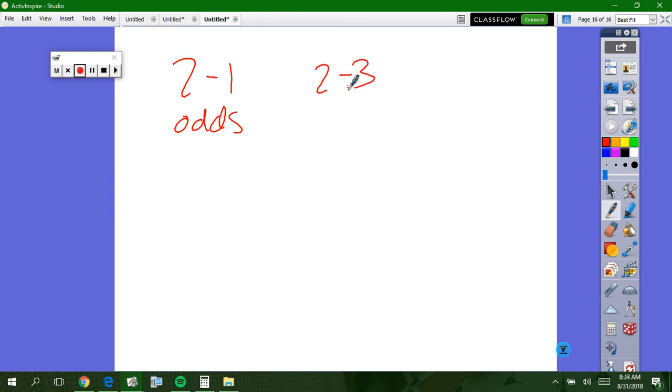Two dash 3. 39. 42 is an interesting one that's going to make you think a little bit. 45, 47, 50, 53, 56, 58.